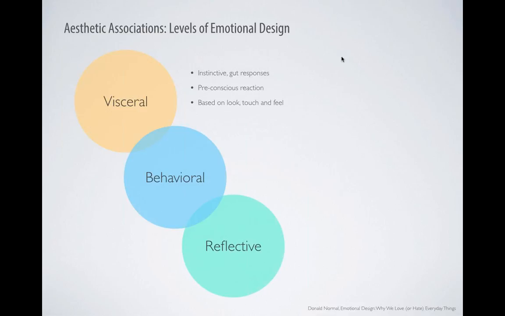So he defined these three levels: visceral, behavioral, and reflective, to define the levels of emotion. And we can use this to guide us as we plan our media creations, and decide, okay, how do we want to appeal to our audience?